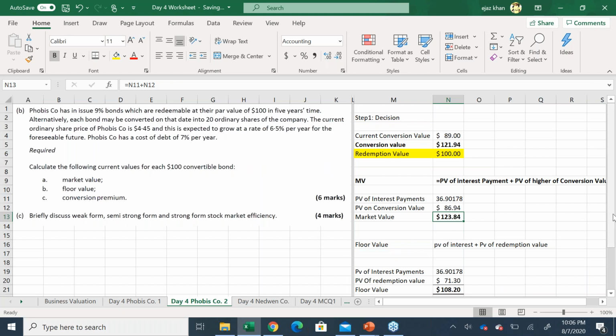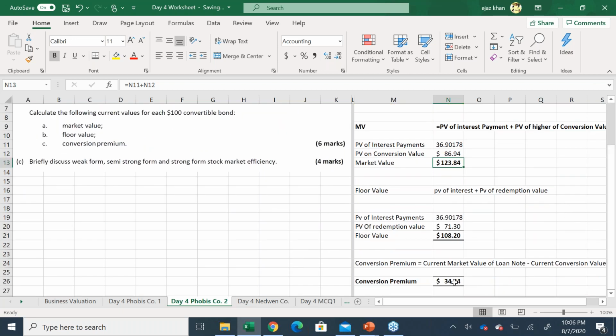So conversion premium is basically telling you by how much the shares have to grow in order to justify your investment. The shares that you are getting, their value has to grow by $34.84 to cover this market value of what you are investing today. This is called conversion premium.